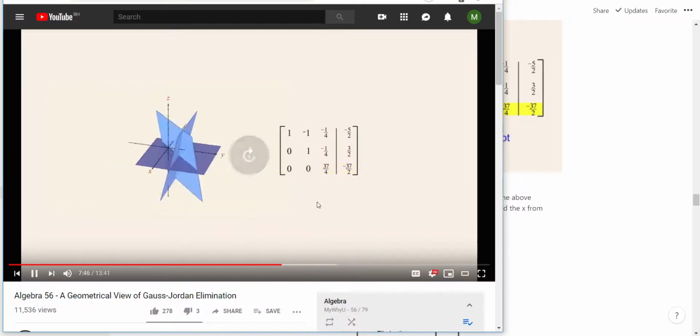Moving on to column 3, we then change the third row to a 1 using a scale operation.